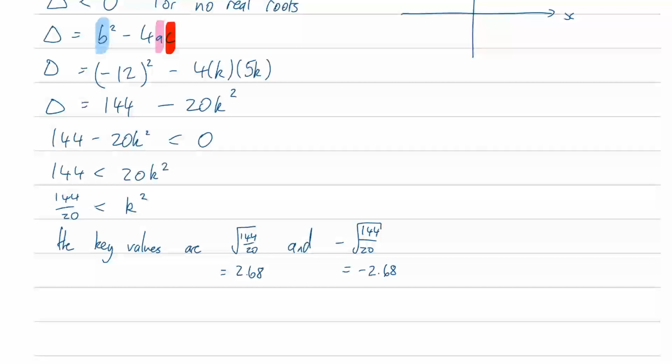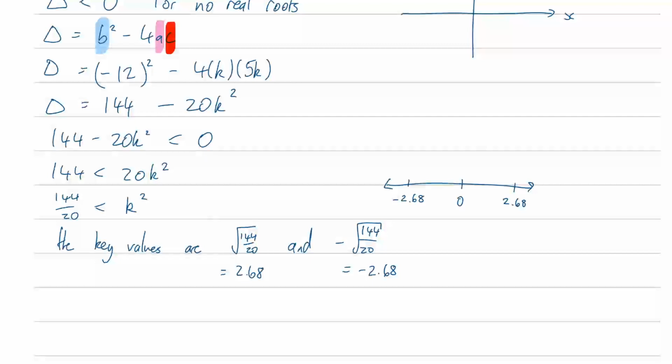We took the square root of both sides to find key values of 2.68 and negative 2.68. So on a number line, we'll have negative 2.68 and positive 2.68. We want to pick a number in between those two values. Smack in the middle could be 0. And if k was equal to 0, would this inequality be true?